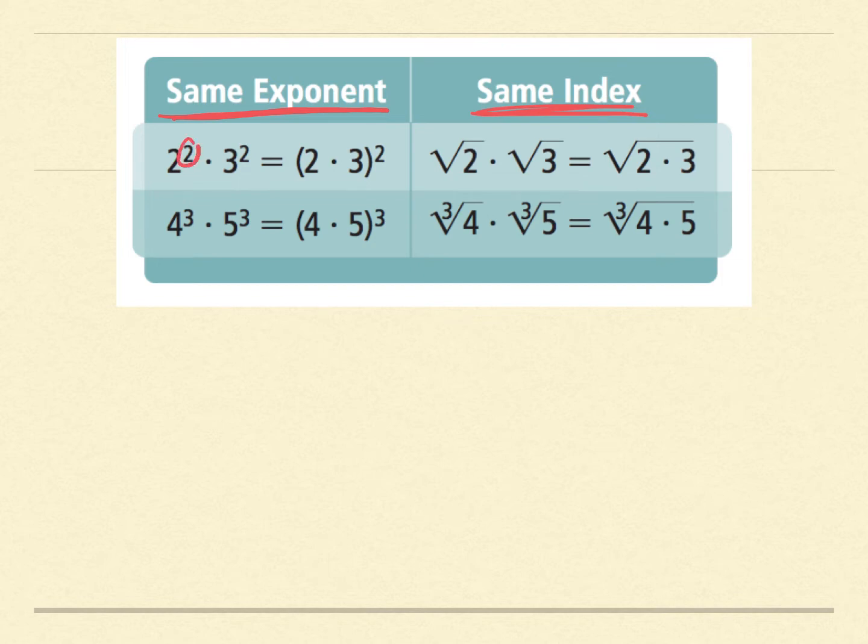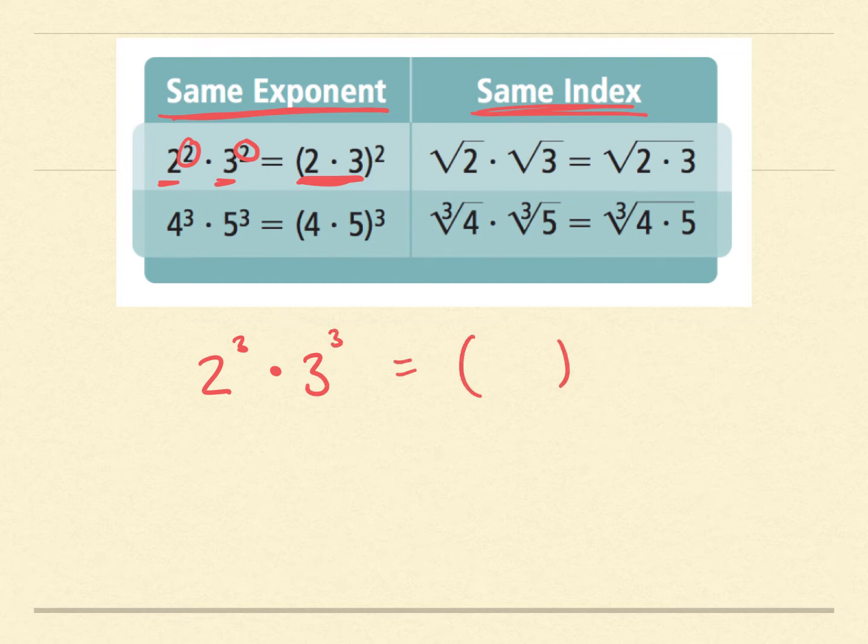So here, our exponents, that little number up top, we would combine the bases, so it would be 2 times 3 squared. So let's say I had something like 2 to the third power times 3 to the third power.